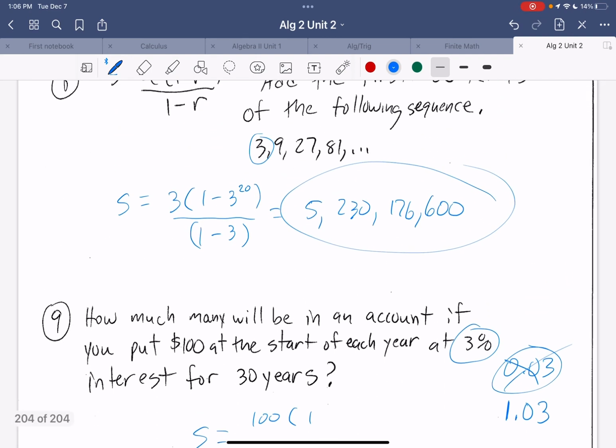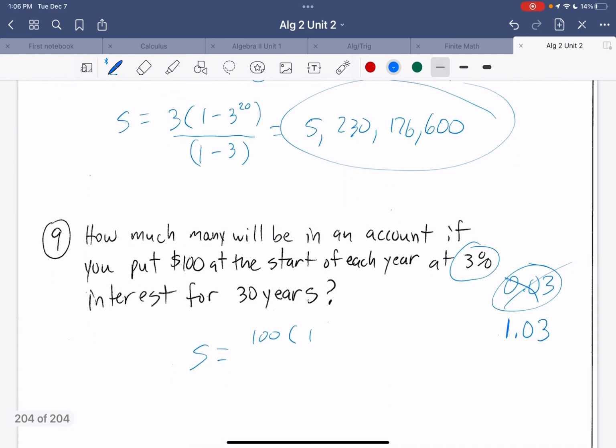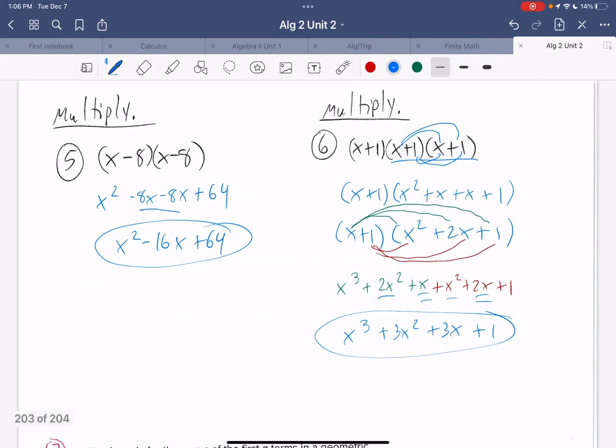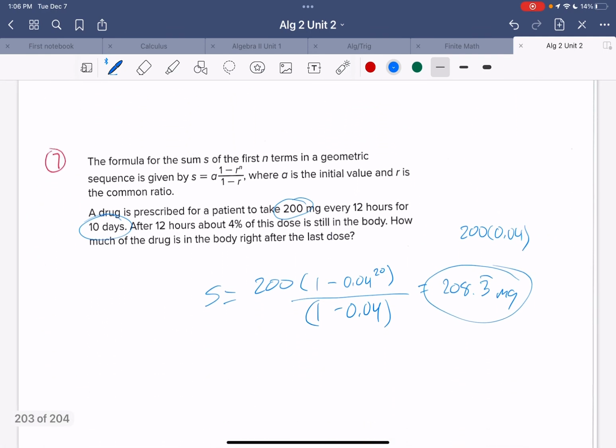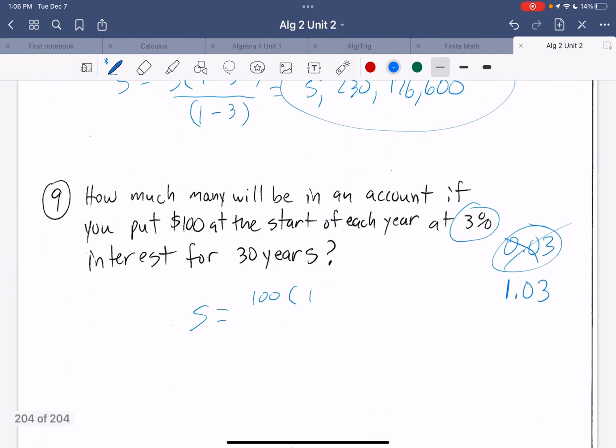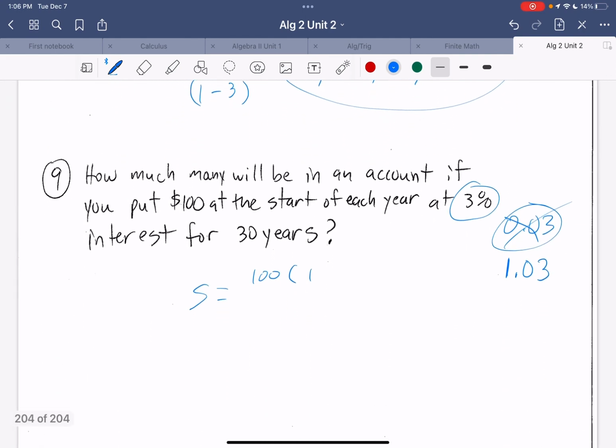We're multiplying it by 3% more, so we do 1.03. And then on this last problem, it was just 4%, not 4% more. So when it says 4%, you multiply by 4%. When it says 3% more, because you're gaining 3%, you do 1.03. That's the difference between the two.